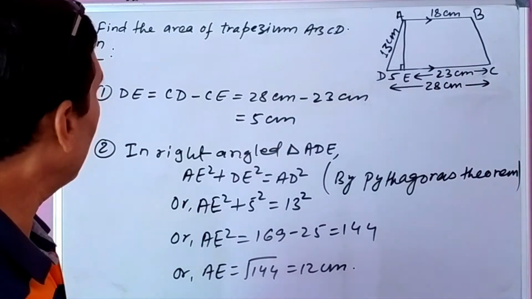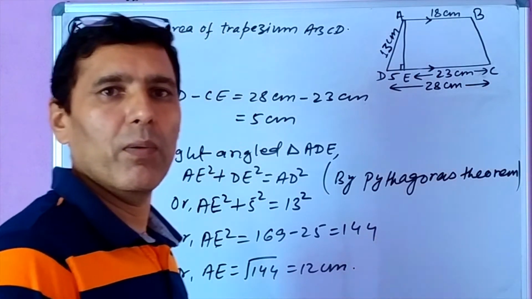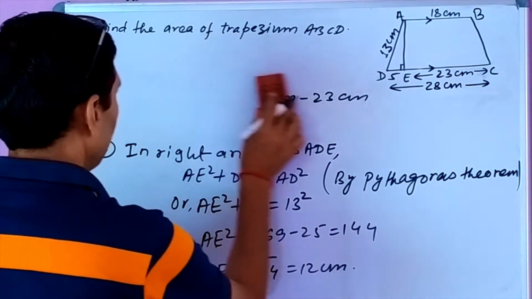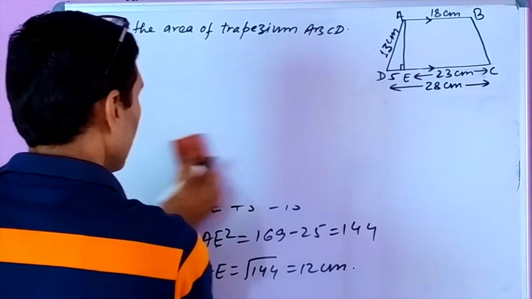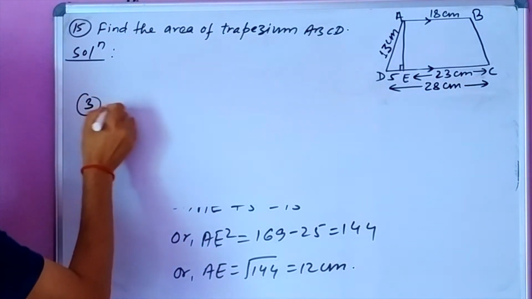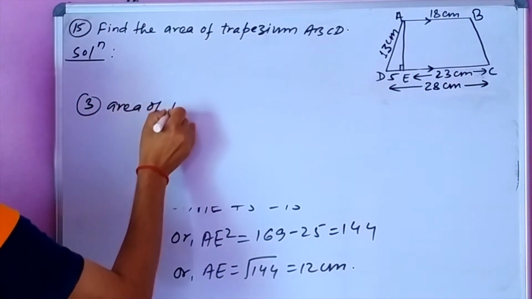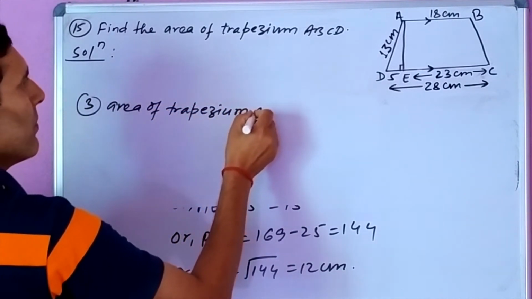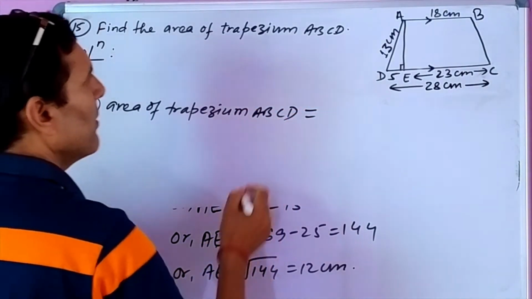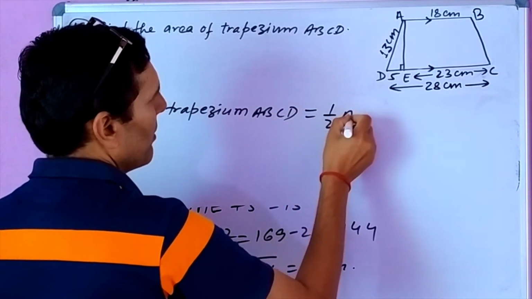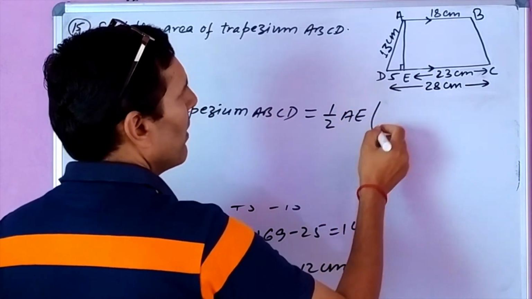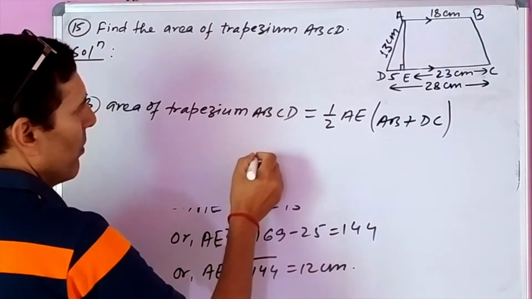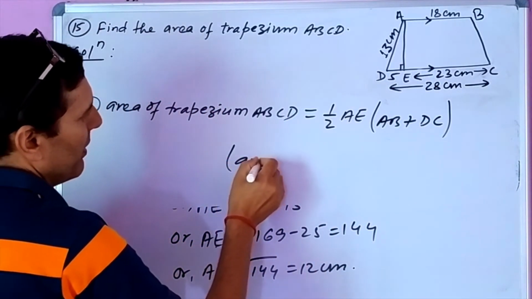Now using the formula as I have shown you before, we can find the area of trapezium ABCD. Area of trapezium ABCD is equal to 1/2 times height AE times sum of parallel sides AB plus DC.